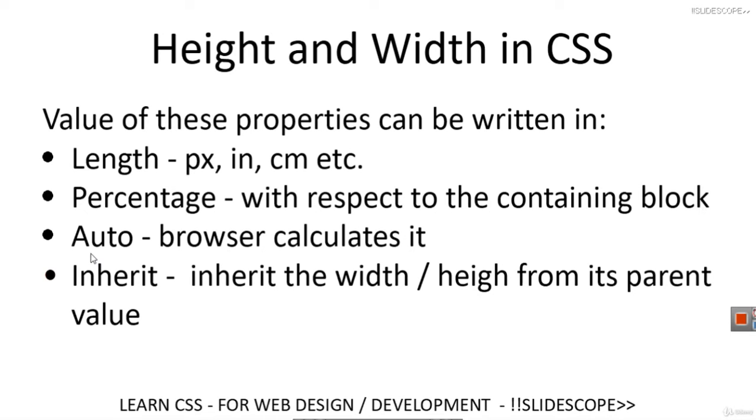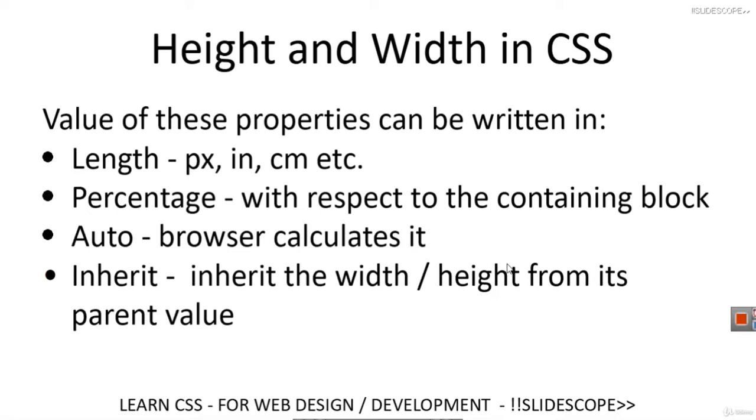In case of auto, the browser calculates the width or height. Then we have inherit. In case of inherit, the width or height is inherited from its parent value. We will see some examples and that will make this more clear to us.